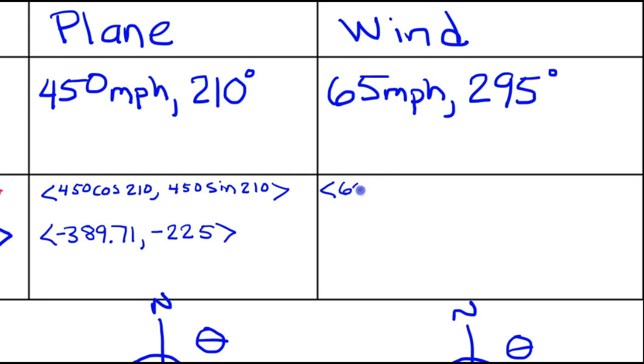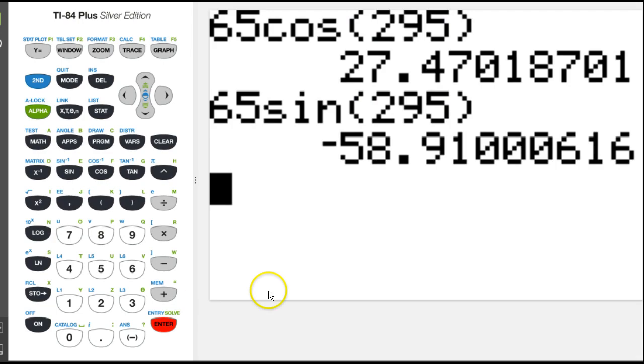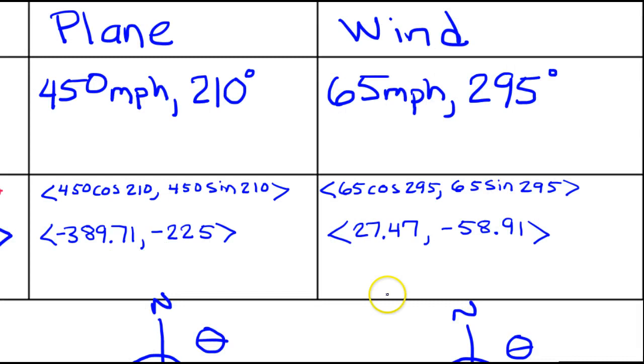So that's 65 cosine 295. Vertical component is r sine theta, so 65 sine 295. And we'll just use a calculator to evaluate this. So the horizontal component is 27.47 and the vertical component is negative 58.91. And we'll just record that on the chart here.